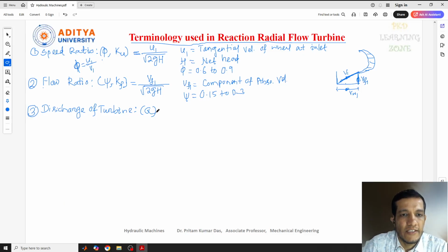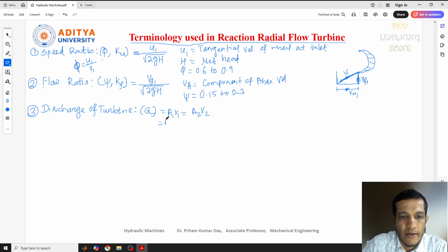So the discharge can be defined in this way, that Q equal to, we can write suppose A1 V1, or we can write A2 V2. So this A1 V1, this can be written like, area of the jet, and this is V1, velocity of the fluid.